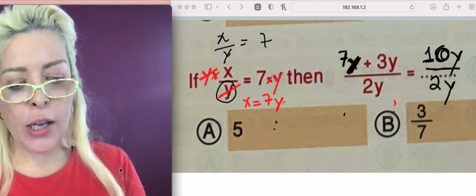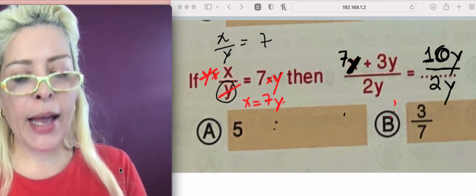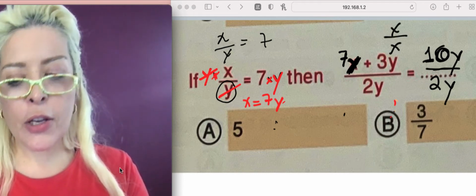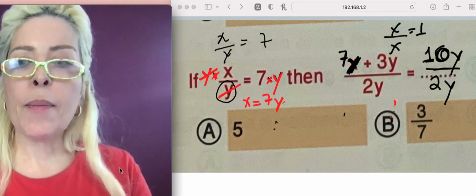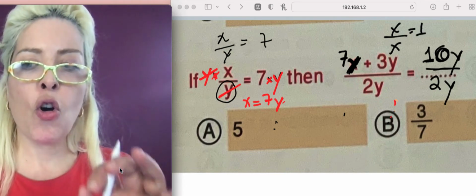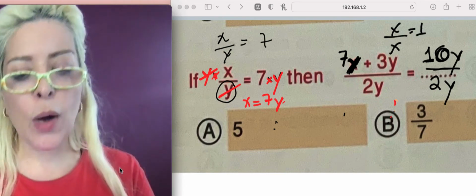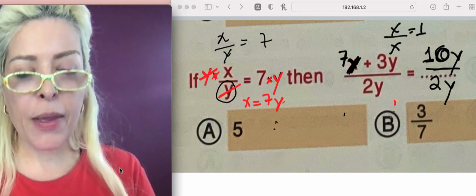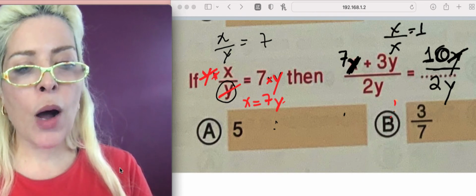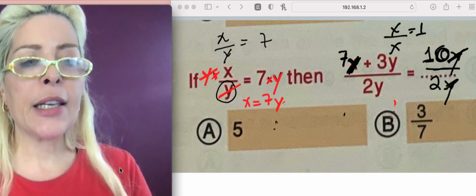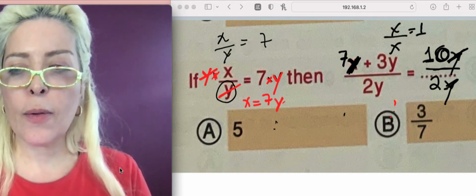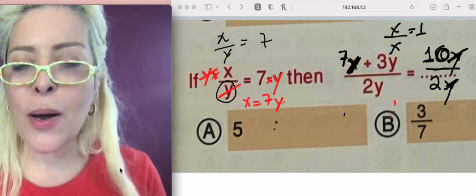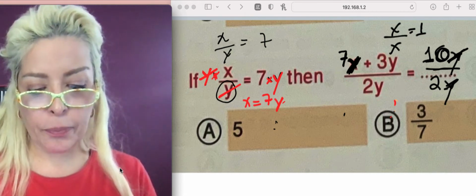For example, if you had x over x, this would be equal to 1 because any number over itself is equal to 1. The same thing here: y over y is equal to 1. So it crosses out, and there's no need to mention 1 because anything multiplied by 1 is equal to itself.